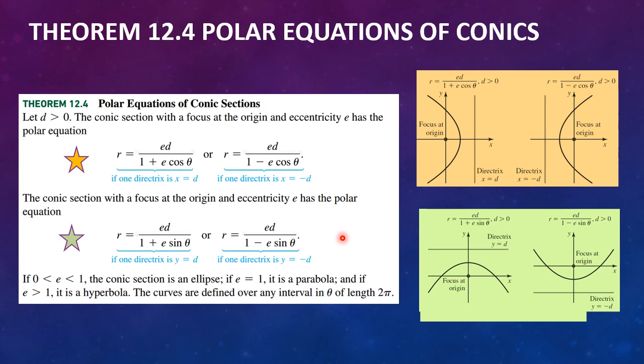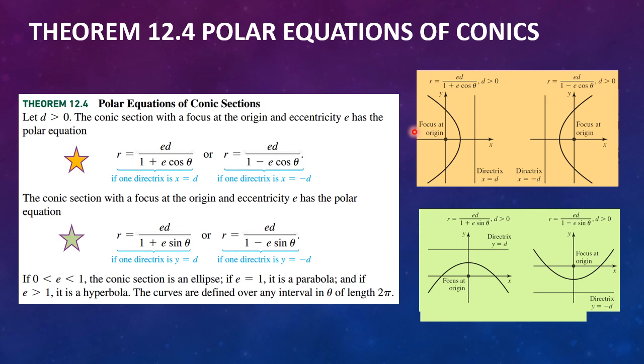You can go back to the last slide and see that. And remember, if e is between 0 and 1, we have an ellipse. If e equals 1, it's a parabola. And if e is greater than 1, it's a hyperbola. And the curves are defined over any interval in theta of length 2 pi, 0 to 2 pi.